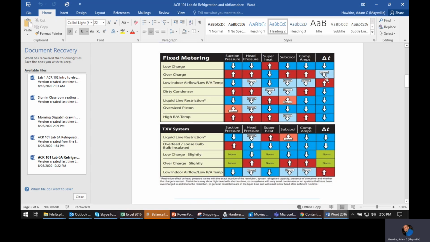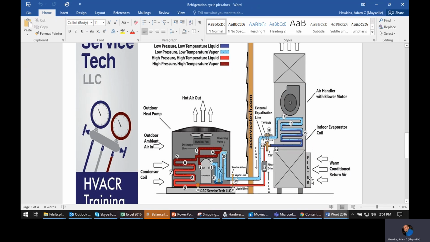Now, that may seem like a good thing, but this is one of those cases where you can have supply that's too cold. So if I'm looking for a delta that's 20 degrees, let's say I got 75 in the house, and I'm looking for 55 in the supply, and I'm reading 45, and it doesn't seem like it's blowing real hard. That may be another indication, just feeling a vent.